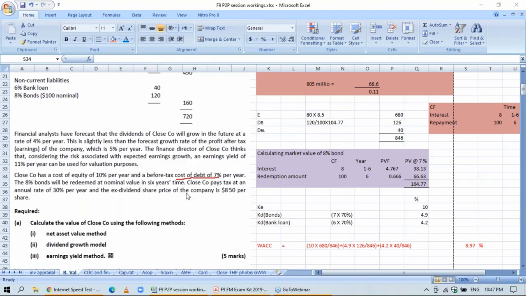So if you use the cost of debt rate, then you don't need to deduct tax from the interest working. No, if nothing has been mentioned, the bond will be redeemed at par. But if the bond is redeemed at a premium, they will tell you that the bond is redeemable at 10% premium, likewise.